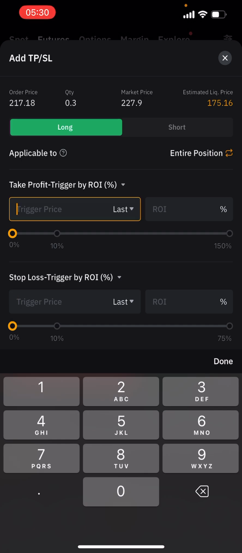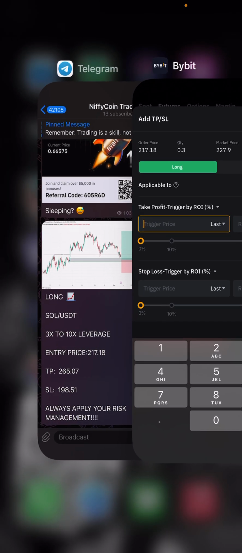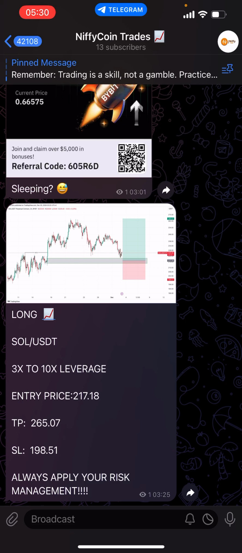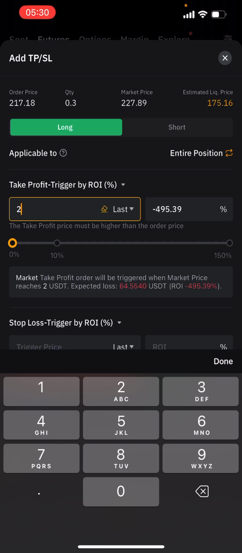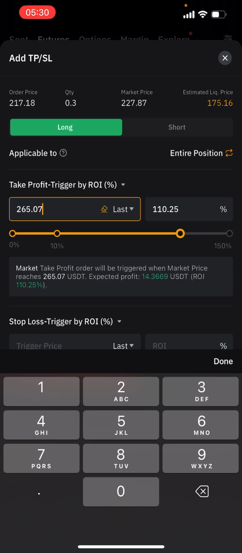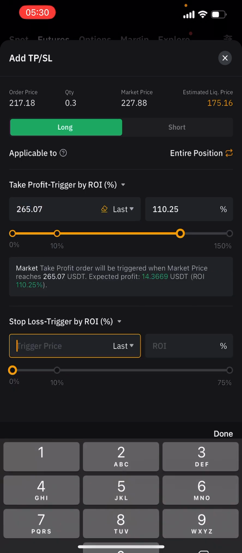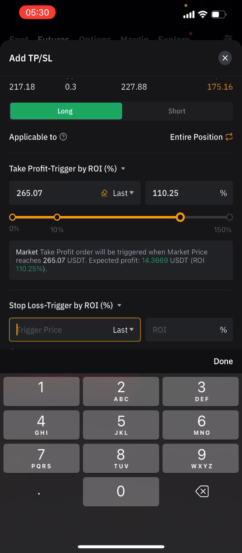And let's go back to the signal. What is the take profit? The take profit price is 265.07. And you can see the moment I put in the take profit, it has already calculated the expected profit I should be making from this trade, which is $14.